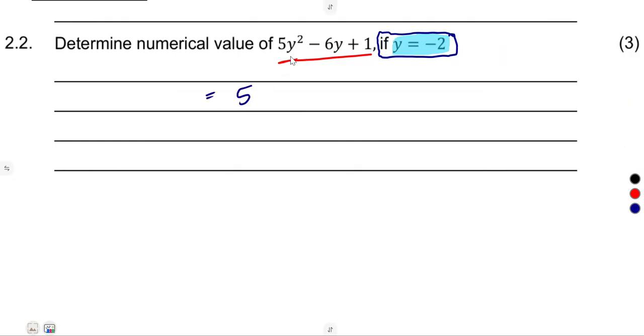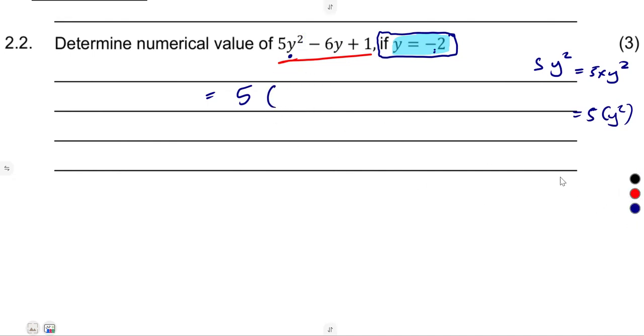That's 5y squared, which is just like 5 times y squared. So we take the y, which is minus 2. So that's minus 2. Then we must square it. All right, so that's like this.